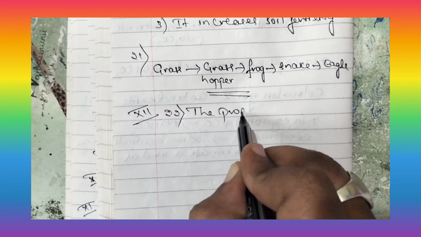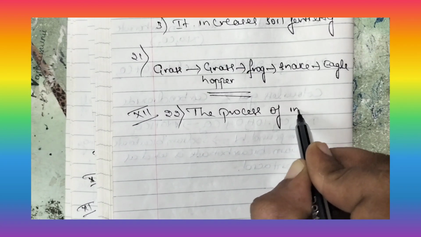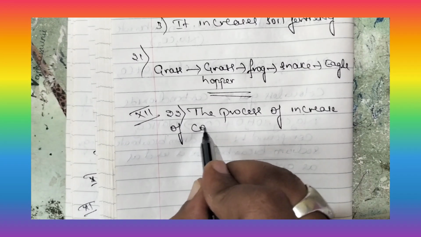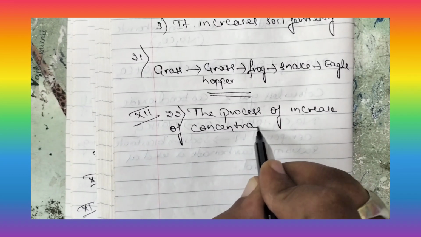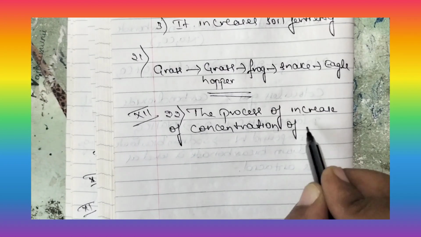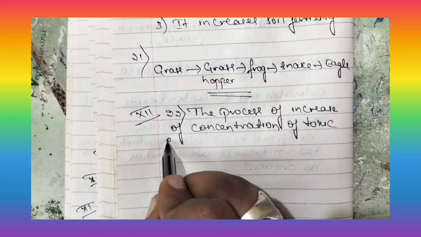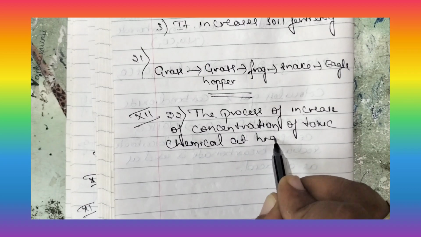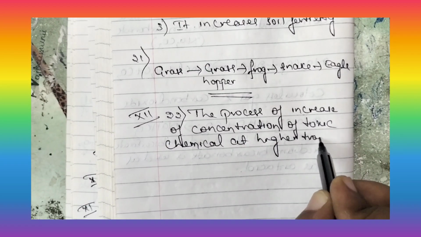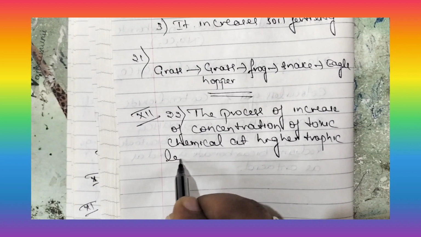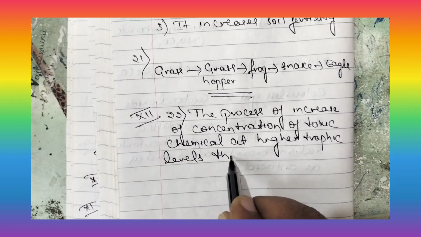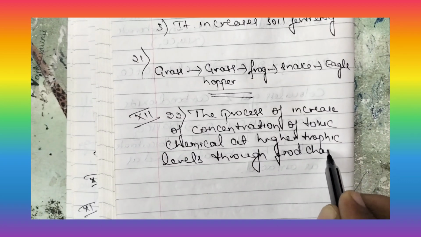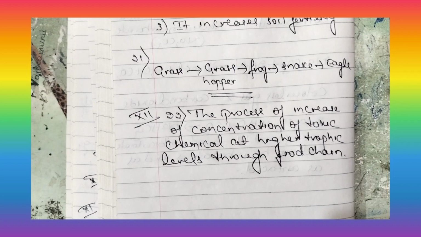The process of increase of concentration of toxic chemicals at higher trophic levels through the food chain is called biological magnification.